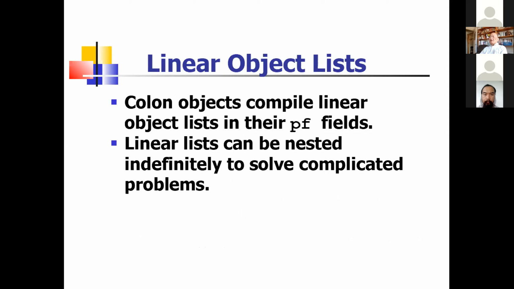Colon objects compile a linear object list in their PF fields. Linear lists can be nested indefinitely to solve complicated problems. In Forth you use the if else then, begin until, and for and nest loops, and you can string them together any way you want. These objects are written out inside the colon definition.